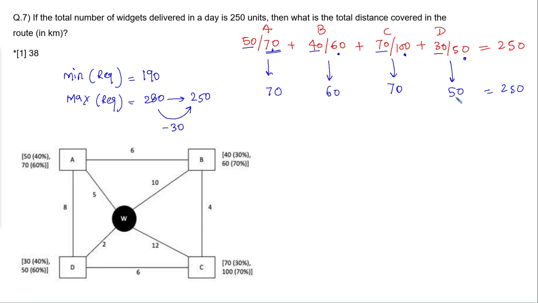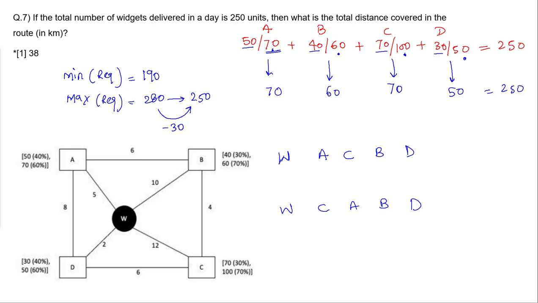So now the route is going to be what? The route is going to be from warehouse W, in the decreasing order of demand. So it can be A, C, B, D, or it can be warehouse C, A, B, D, because A and C have the same demand.